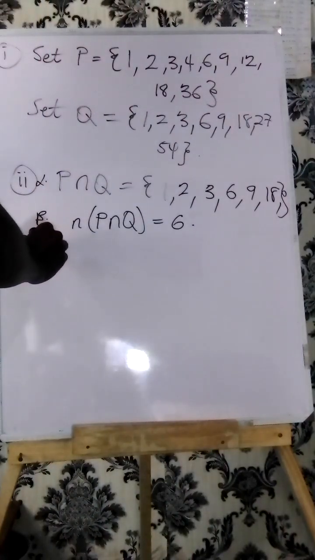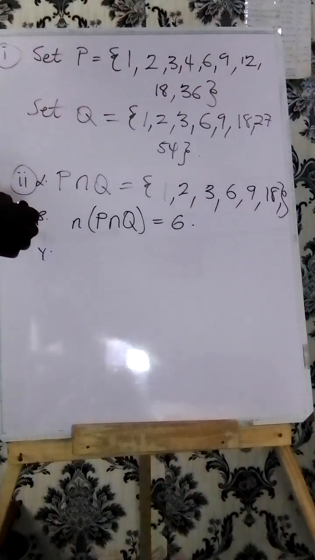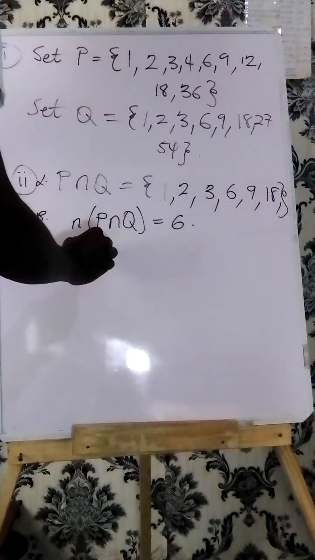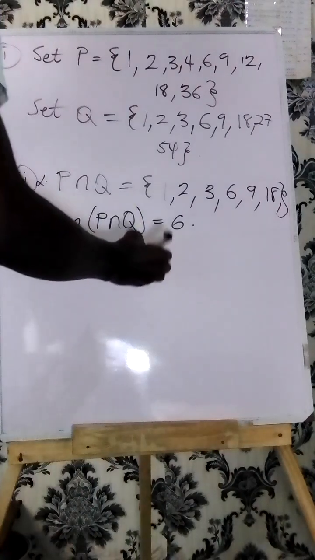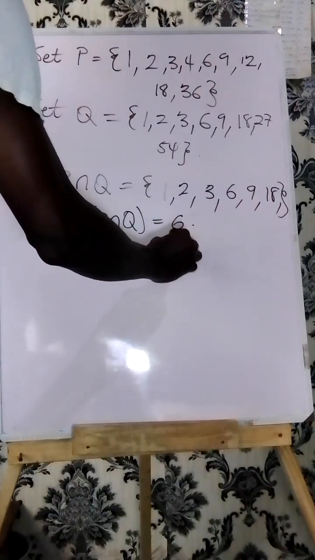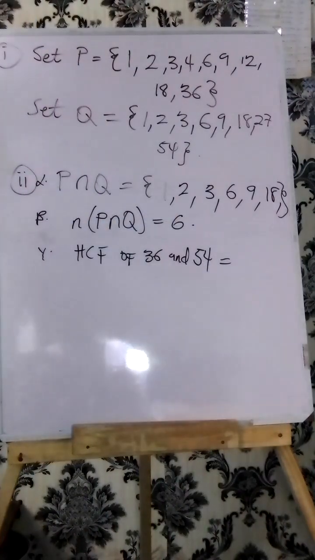And we have gamma. So gamma is saying that we should find the HCF, that's the highest common factor of 36 and 54. So what should be our answer? Highest common factor of 36 and 54.